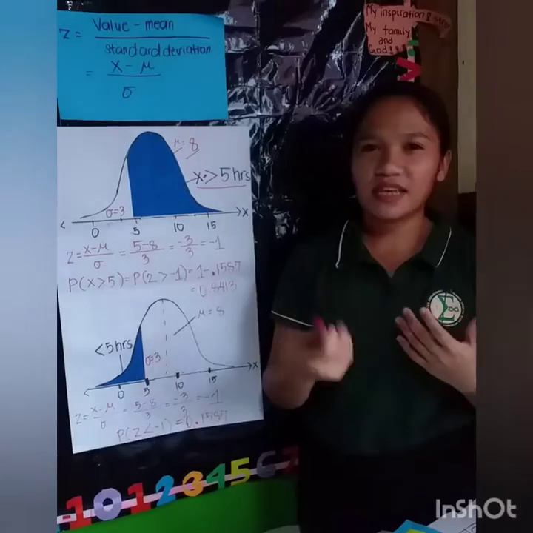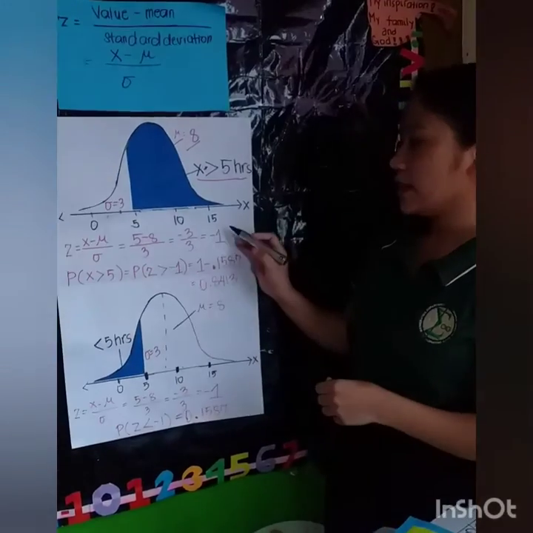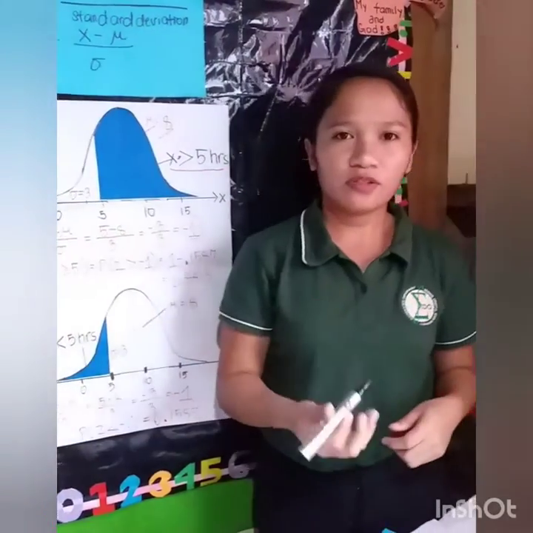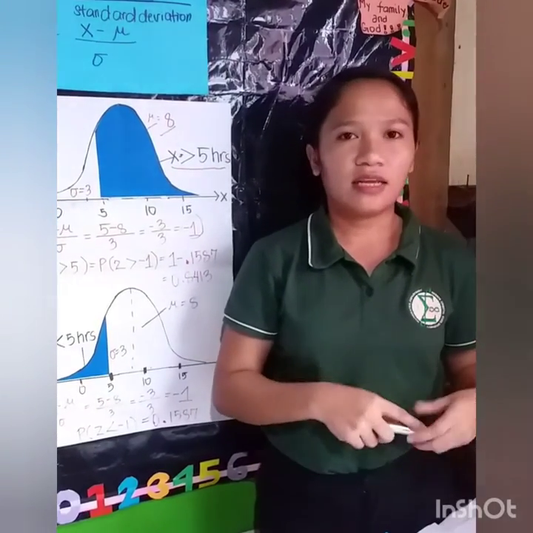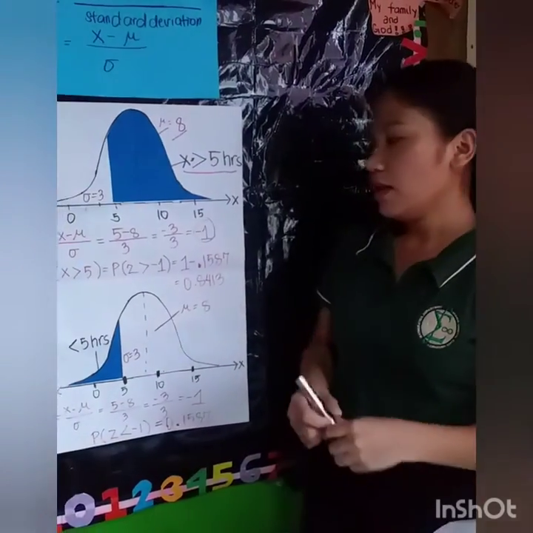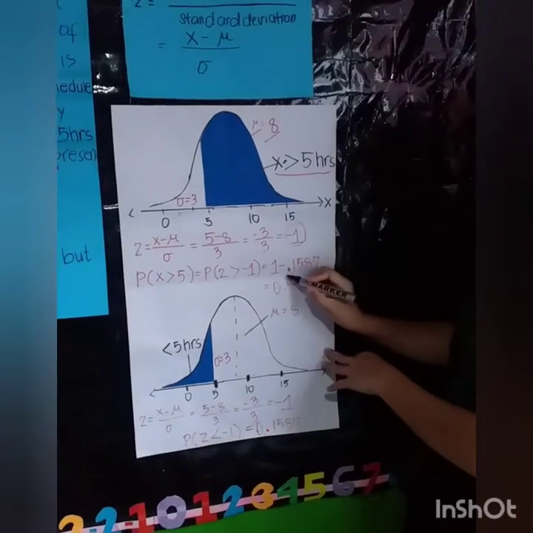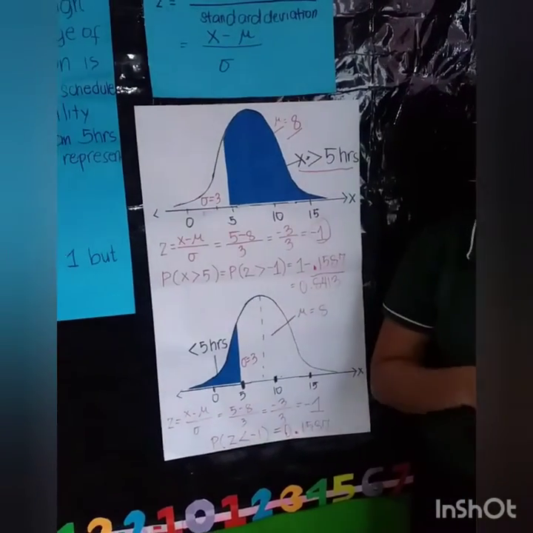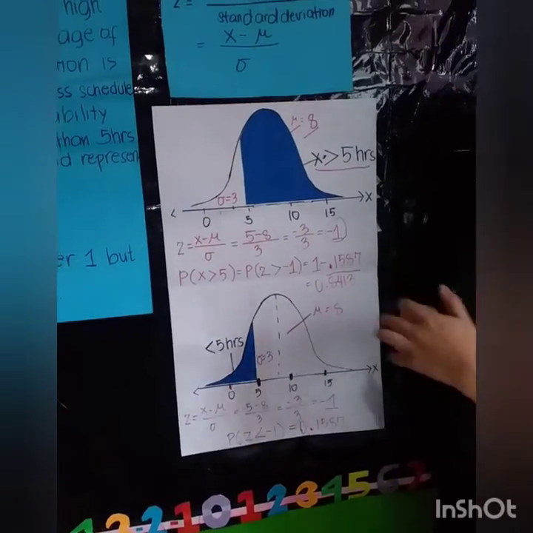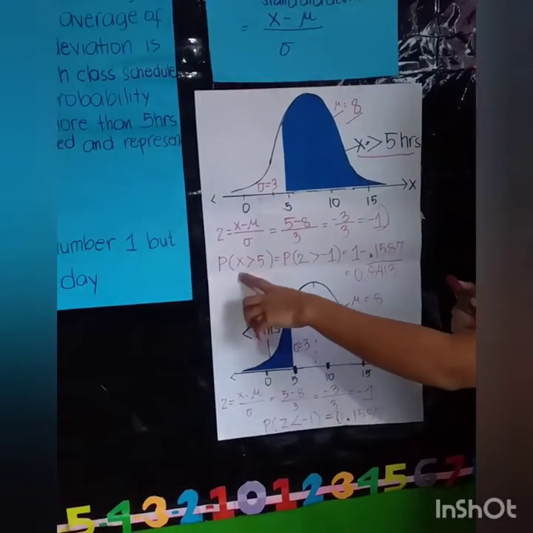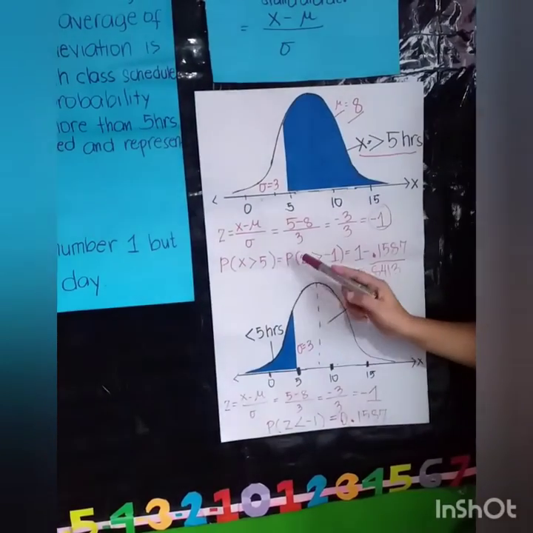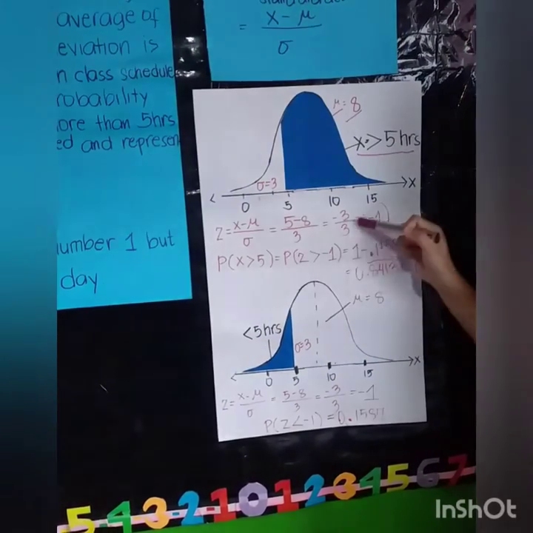In our z normal table, we will find the equivalent of negative 1. Let's check in the normal table. Then we get 0.1587. Since it is more than 5 hours, the probability of x more than 5 hours is equal to the probability of z greater than -1.